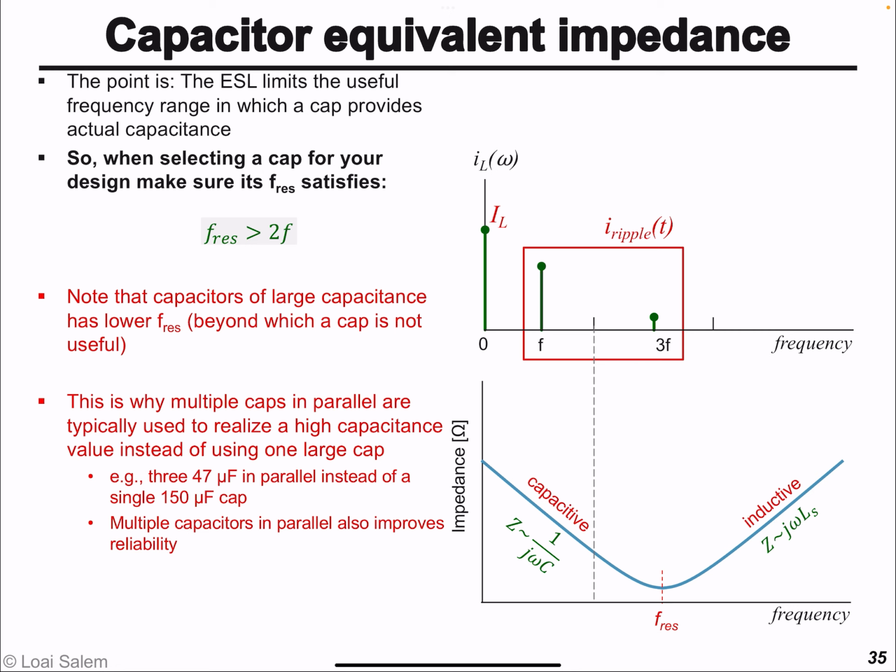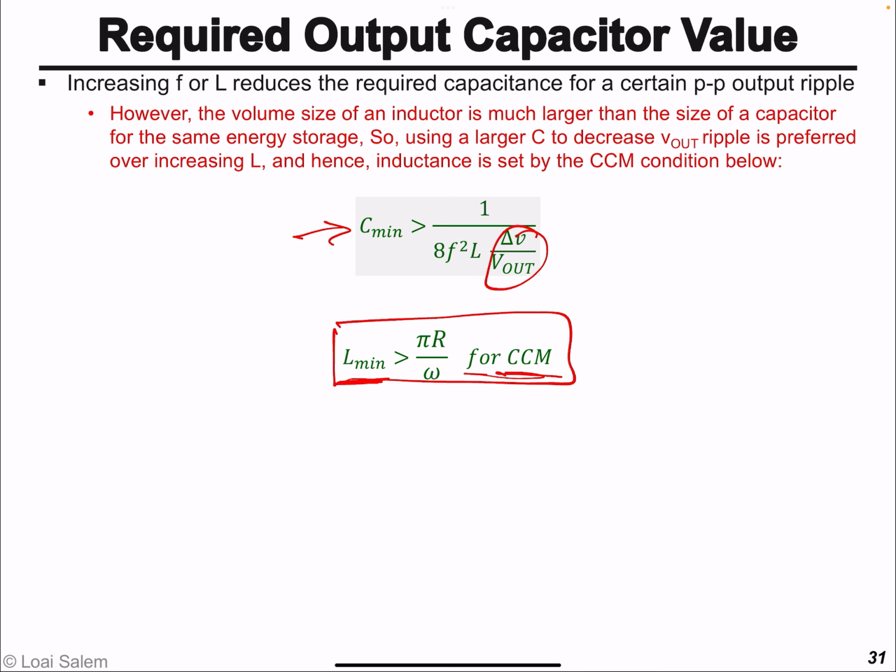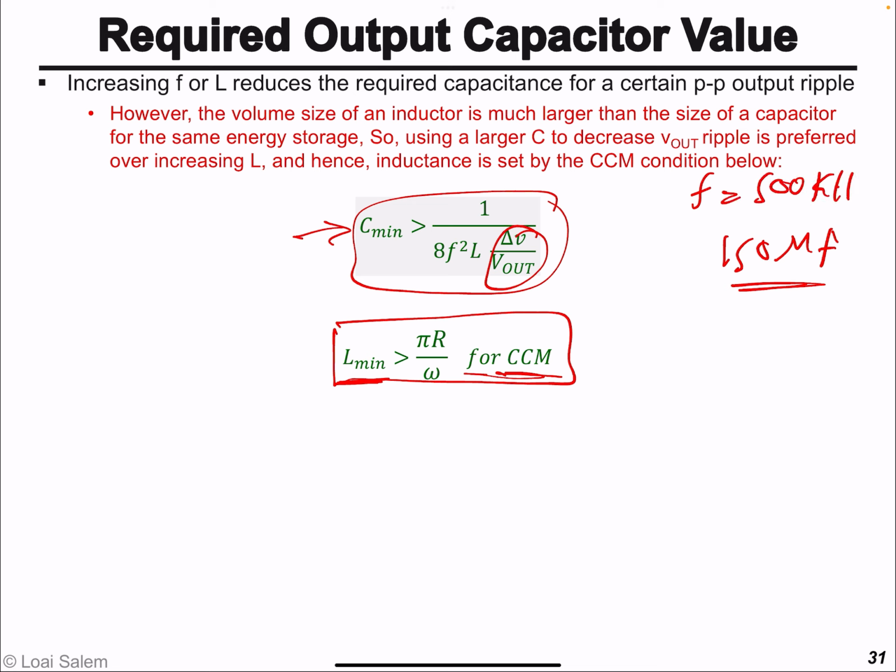Generally, the larger the capacitance, the lower its self-resonance frequency. That's why, say, if I need to use 150 microfarad output decoupling capacitors according to this equation, a 150 microfarad capacitor might have, and I'm operating at, say, 500 kilohertz, we'll find that maybe its self-resonance is at, say, 600 kilohertz.